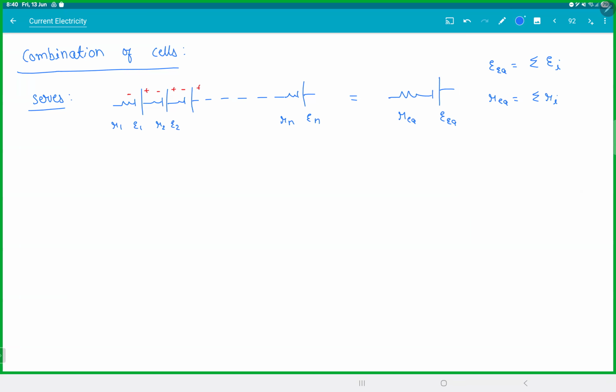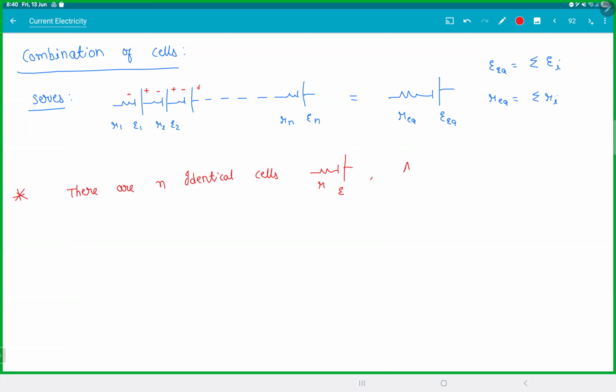Now, a kind of theoretical question they can ask you. They did ask a question like this once. So we have n identical cells, each with emf E and small internal resistance r.